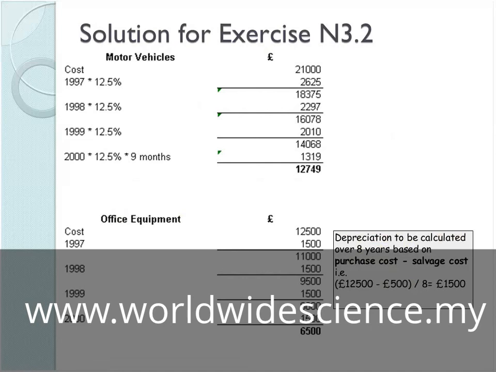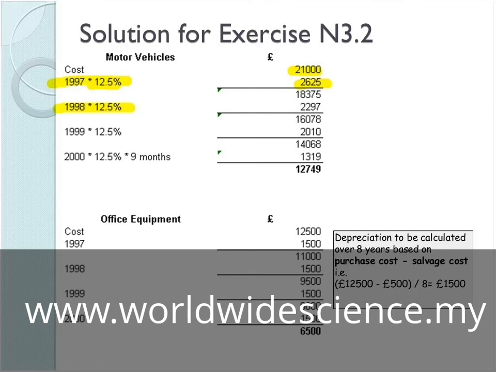So we must calculate for 4 years. For 1997, the depreciation would be 2,625. We get that from 21,000 multiplied by 12.5%, which is 2,625, right? Then we calculate the next year, which is 1998.